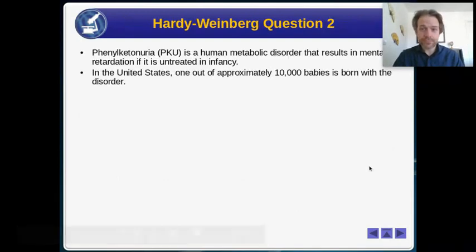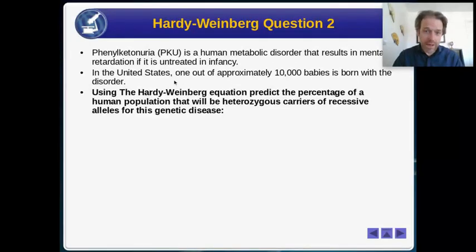So 1 out of 10,000 babies is born with it, approximately. That's our data, that's our value. So we go, okay, 1 out of 10,000. 1 divided by 10,000 will give us our proportion for q squared, our recessive genotype.